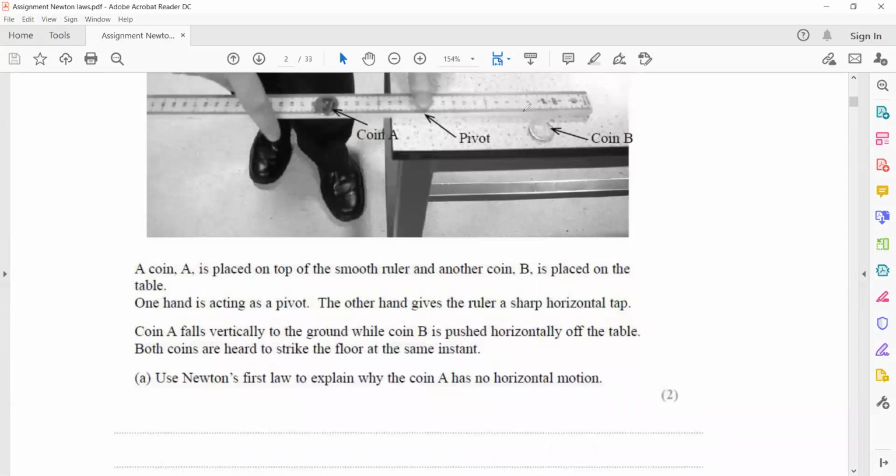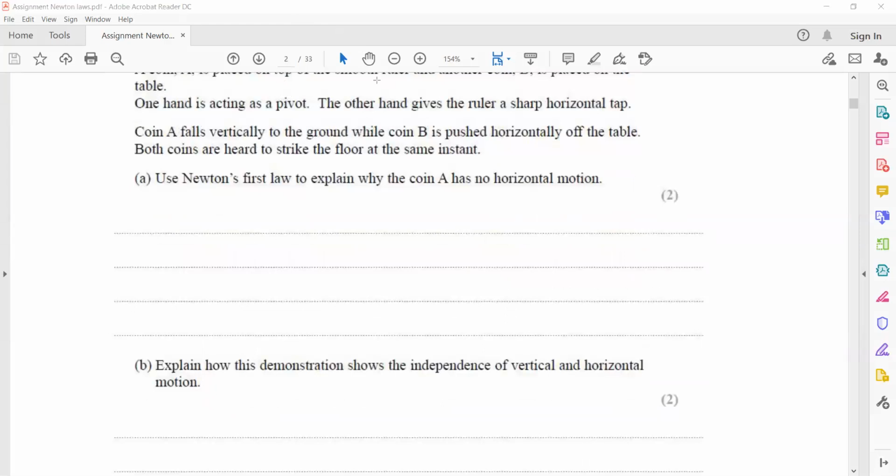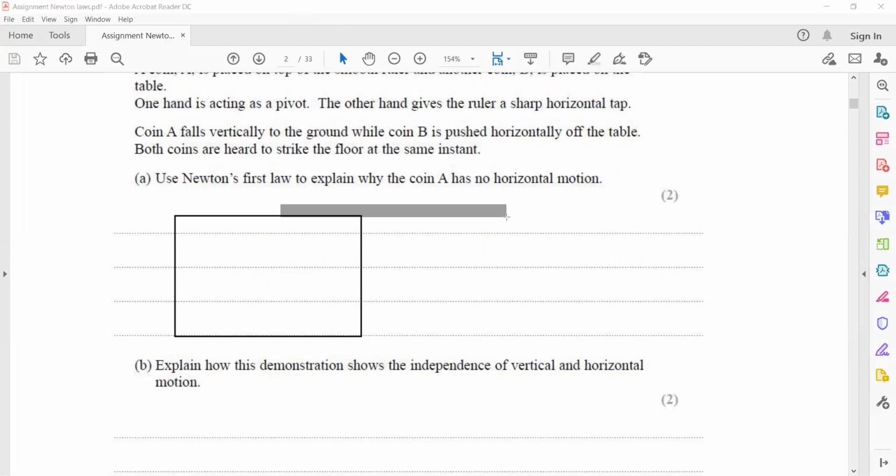If I make a side view of this, so if this was a table and a ruler is there, a scale is there, and on this scale there is another coin placed. So as you can see, for this coin A, there is no horizontal force. The weight will act downward, and the normal contact force will be upward. So the vertical forces are there, there is no horizontal force.